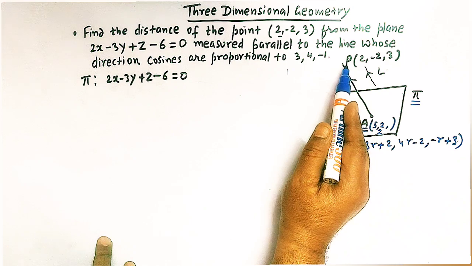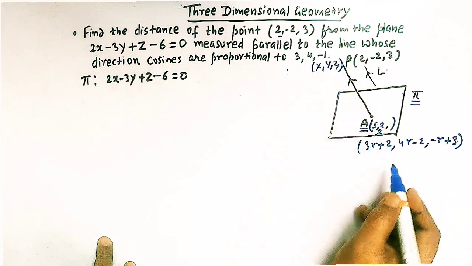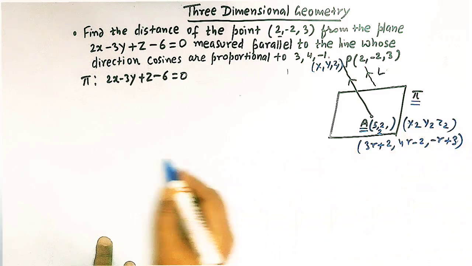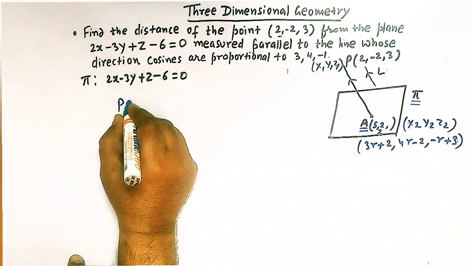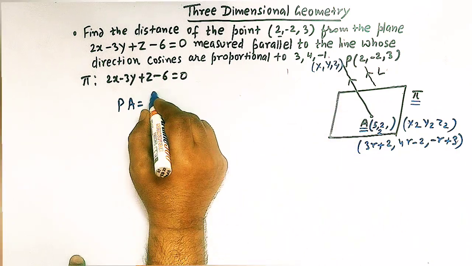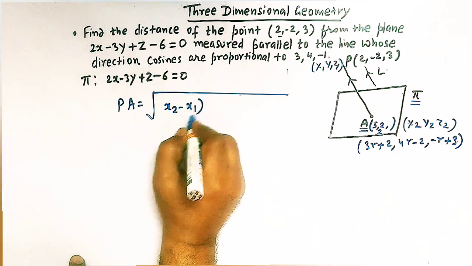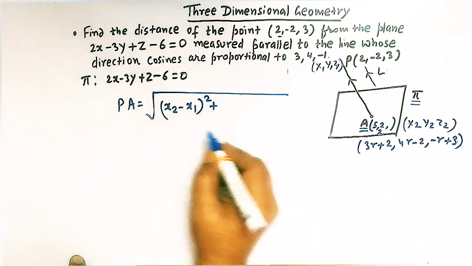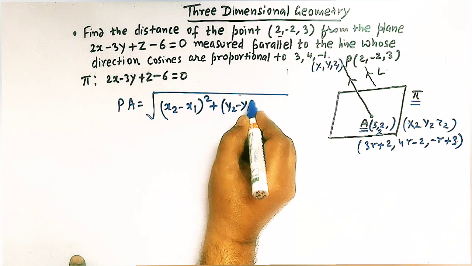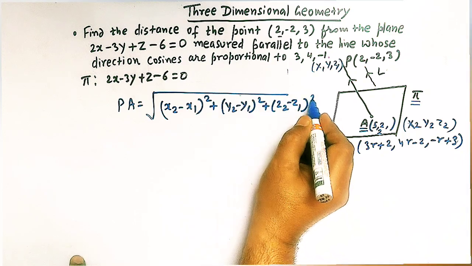So now if we take this point P as x1, y1, z1, and this point A as x2, y2, z2, then according to the distance formula, the distance PA is square root of (x2 minus x1) square, and then we have here (y2 minus y1) square and (z2 minus z1) square.